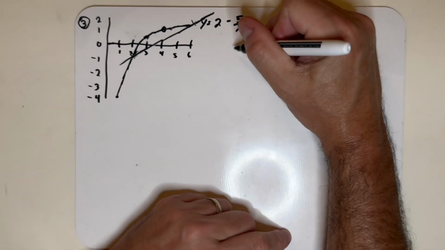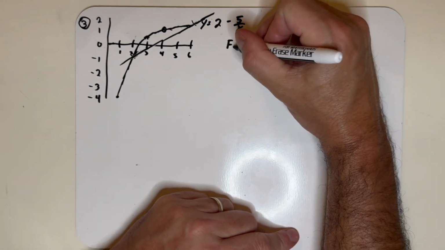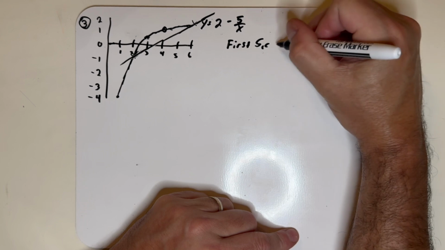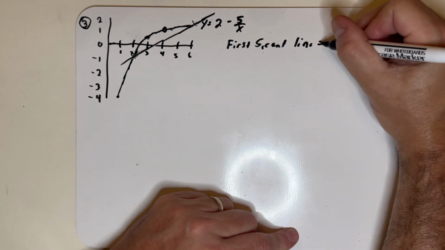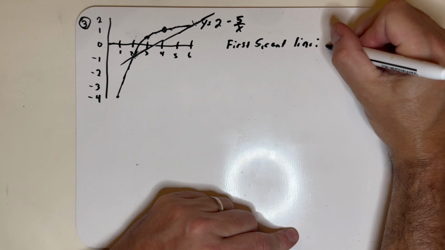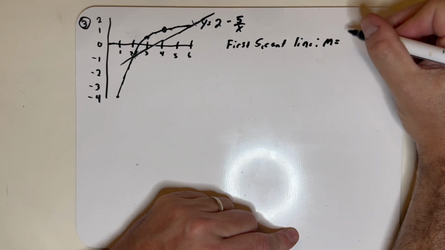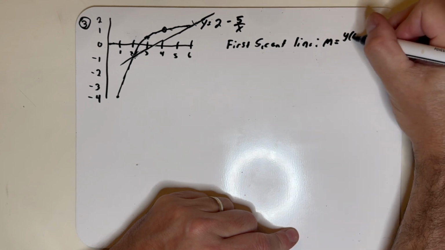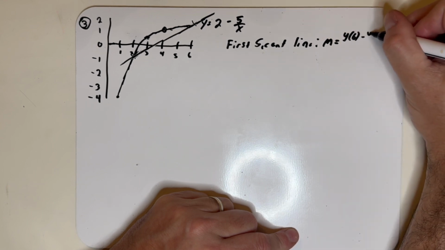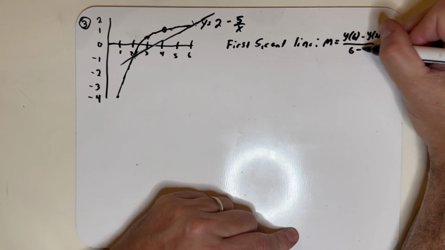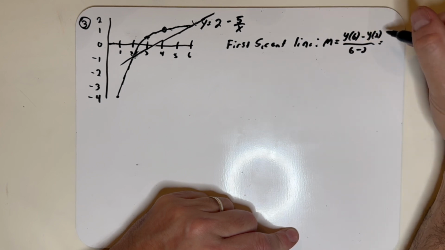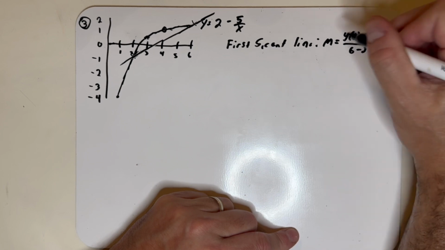So the first secant line is equal to, or the slope rather, so m is equal to (y of 6 minus y of 2) divided by (6 minus 2), and that's going to be equal to, plugging in, so we need some more room here.